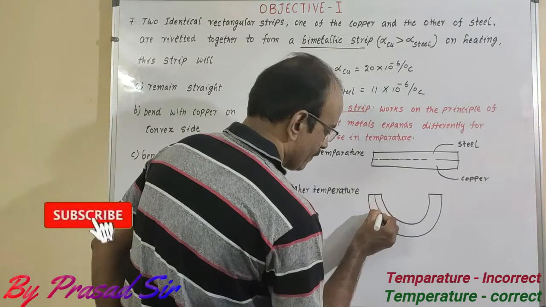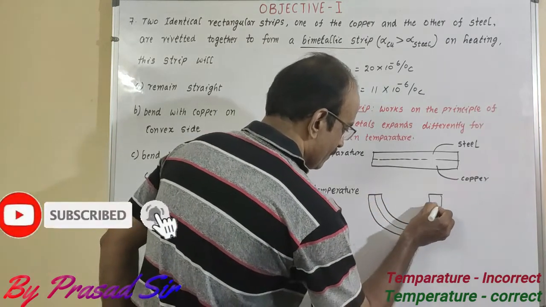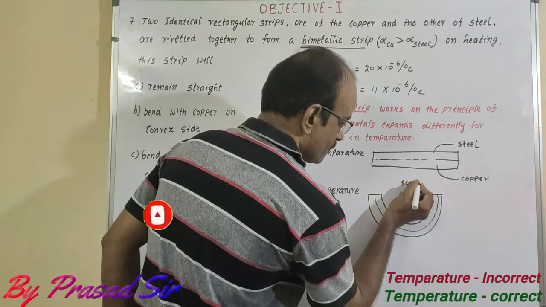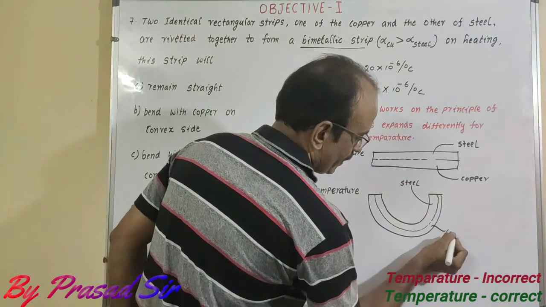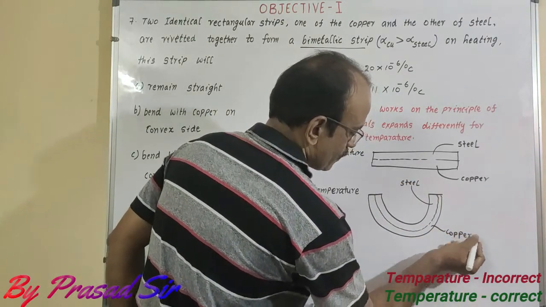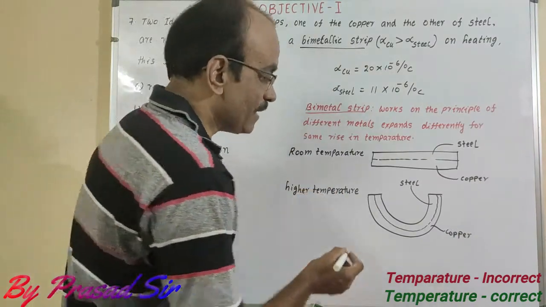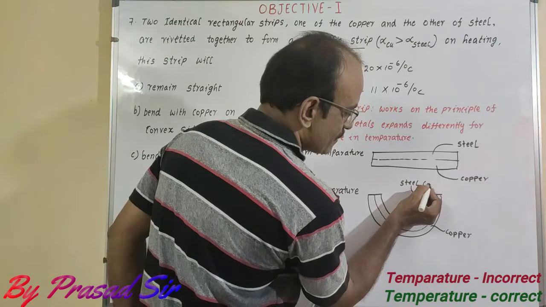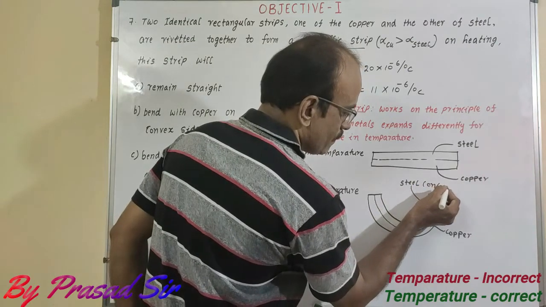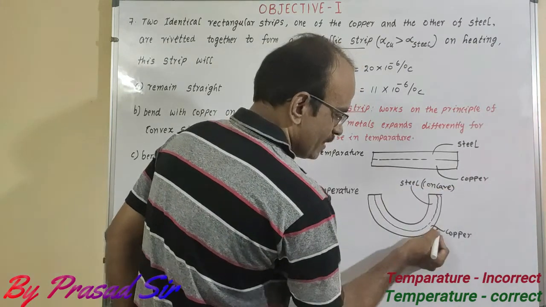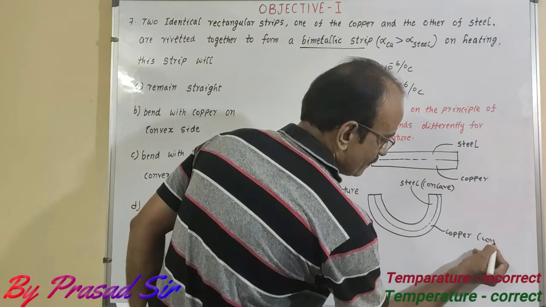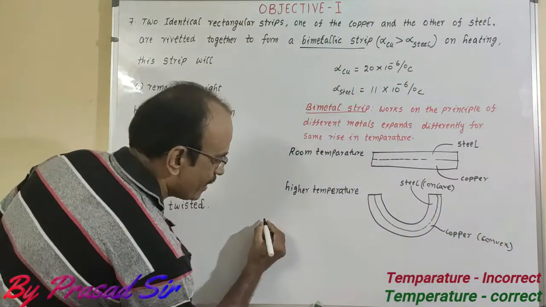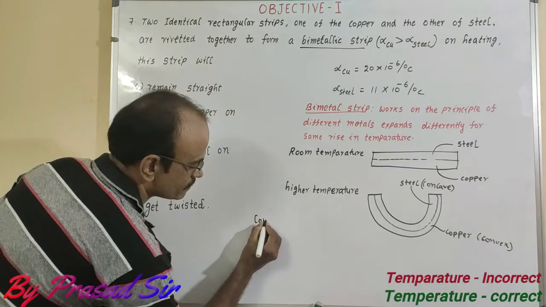Here the upper part is steel and the lower part is copper. Observe this one: steel is present on which side? Concave side. Copper on which side? That is convex side.